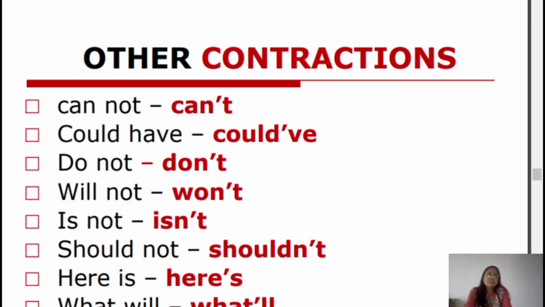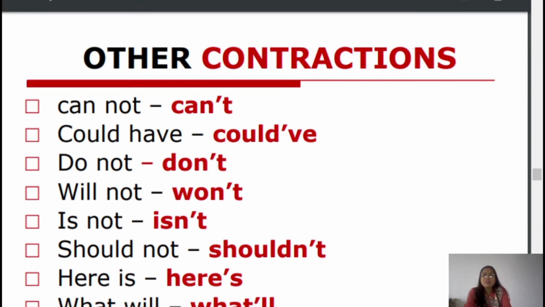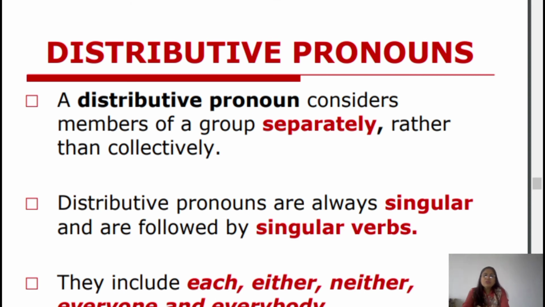Contractions are considered to be more of a part of informal writing, so they should be avoided in formal writing. Distributive pronouns. A distributive pronoun considers the members of a group separately rather than collectively.